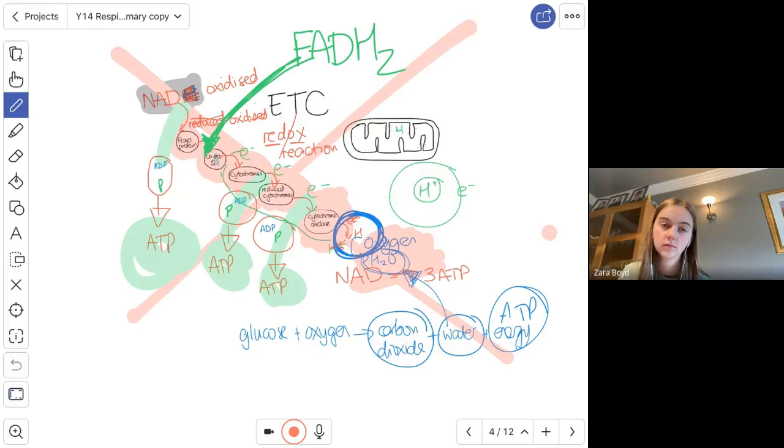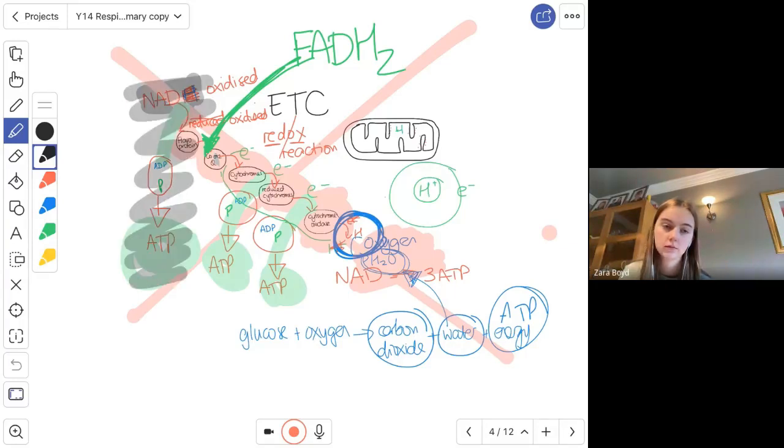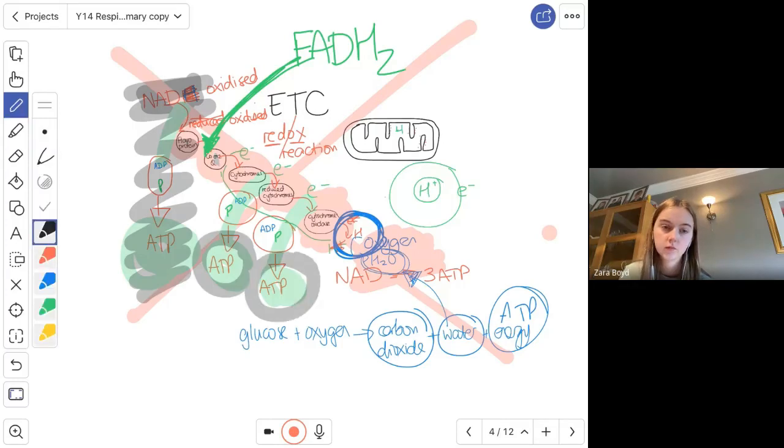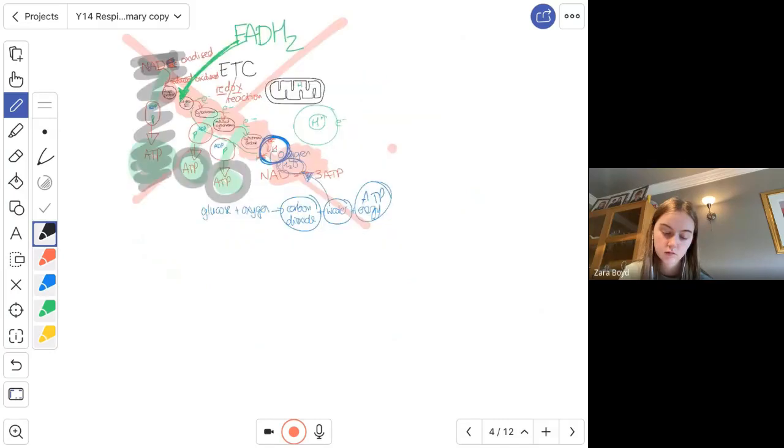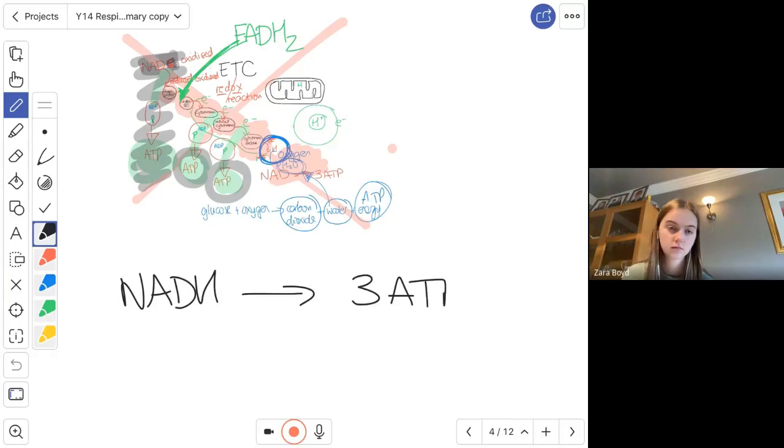And that means that if it leaves out the first step, it's only producing 2 ATP, this one and this one. So NADH ends up with 3 ATP. If FADH2 carries the hydrogens, then we've only got 2 molecules of ATP being produced.